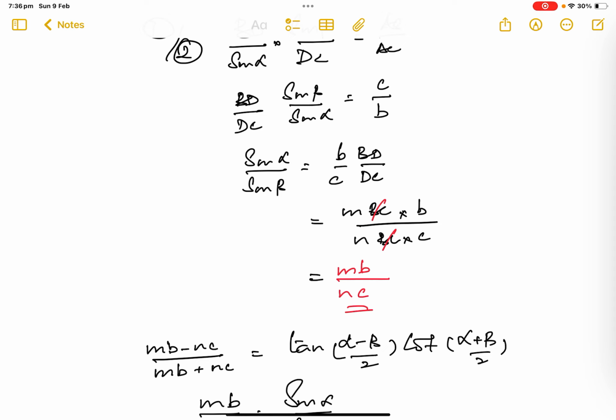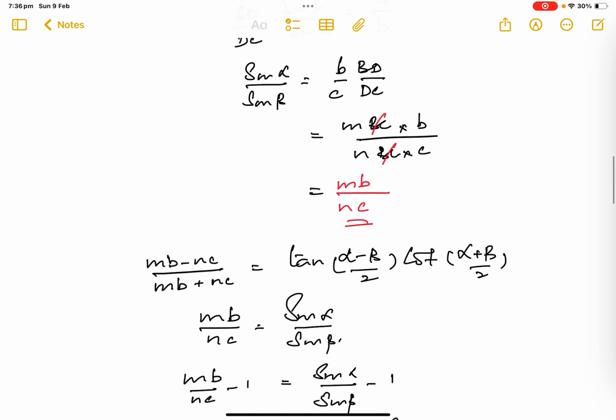We know that BD is the portion M times BC. The ratio M to N is given. So BD is M times BC, the total is BC, and instead of DC, N times BC, and b over c.